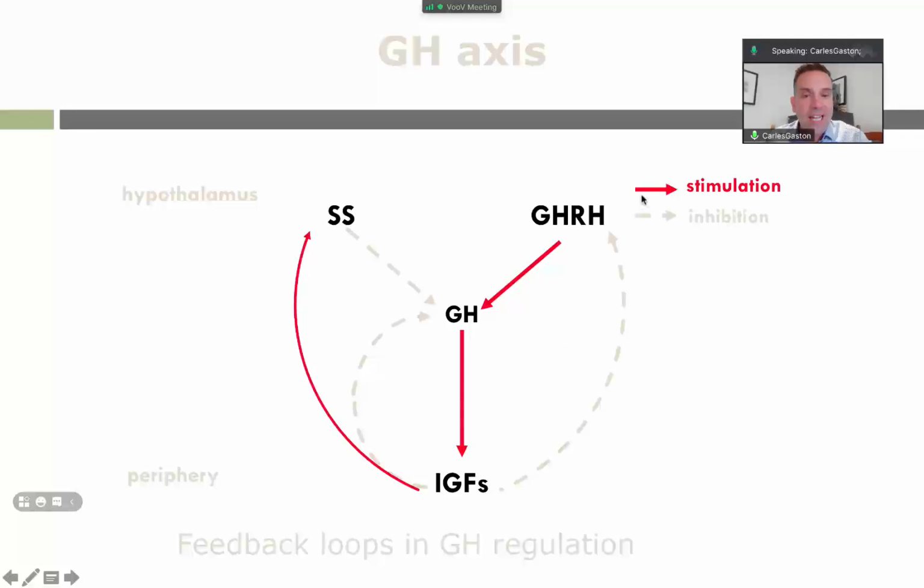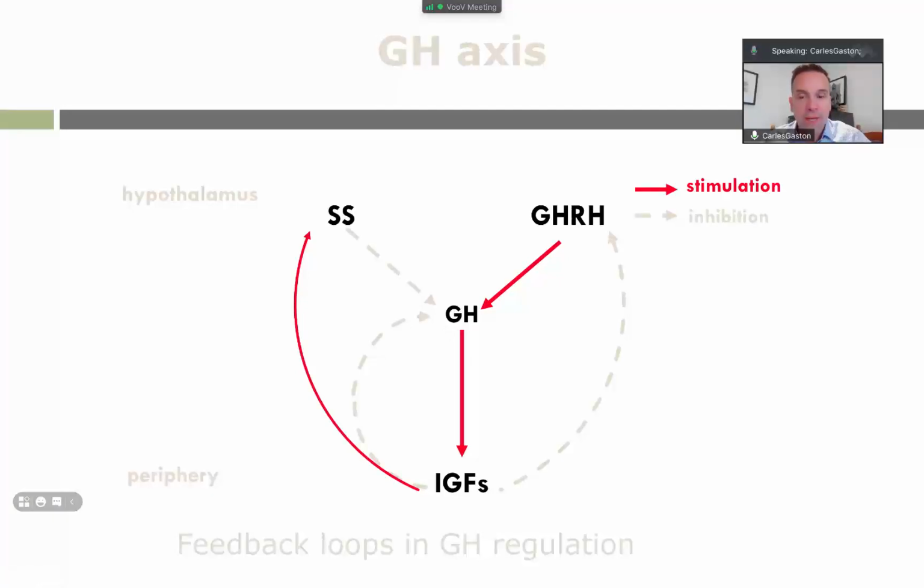So what you can see here in red is positive activation, and there is also negative activation on the hypothalamic neurons. So growth hormone activates IGF, but at the same time it inhibits the production in the hypothalamus of growth hormone releasing hormone, and at the same time in the pituitary the production of growth hormone.